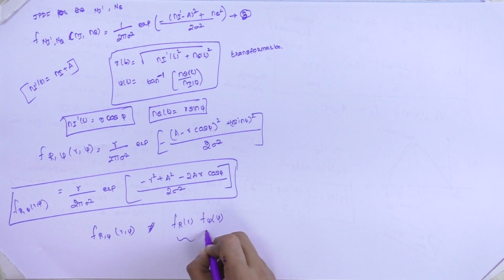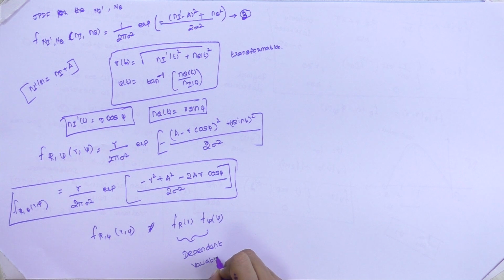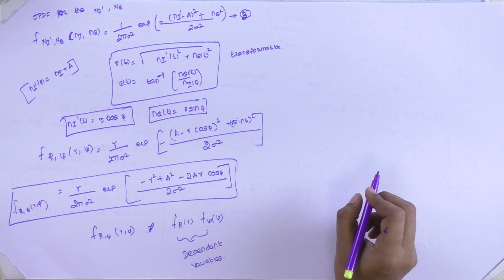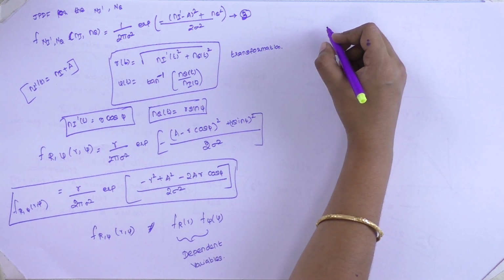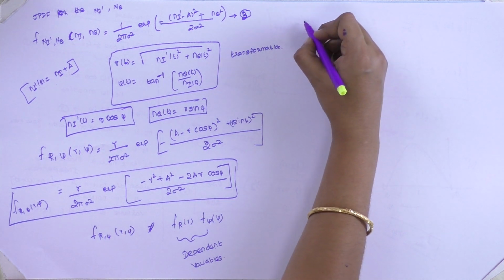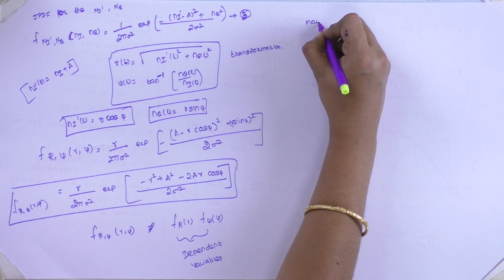It means that both r and psi are dependent variables here, unlike in the previous case.